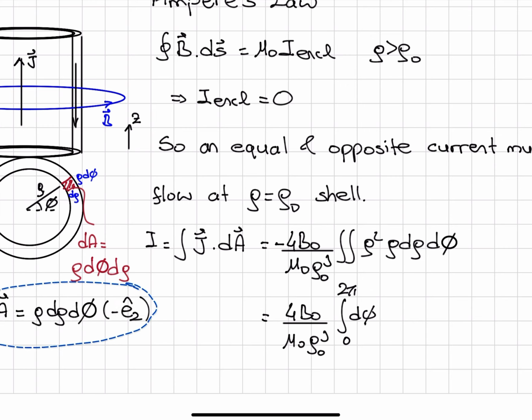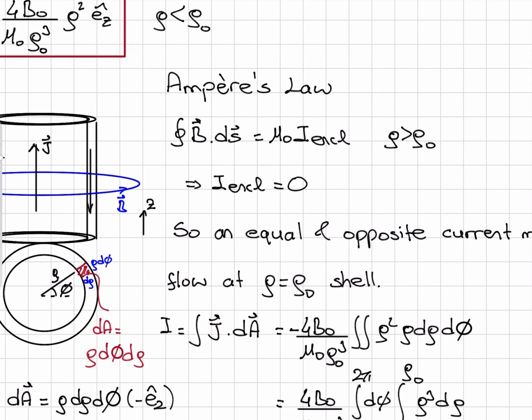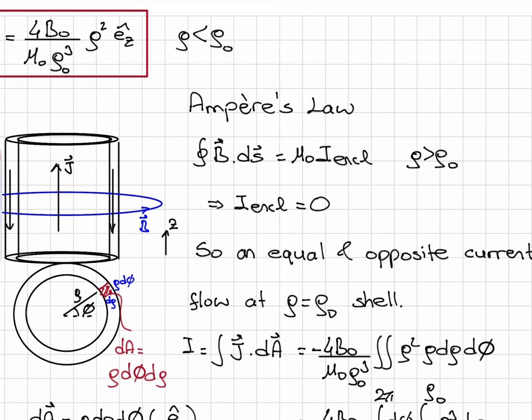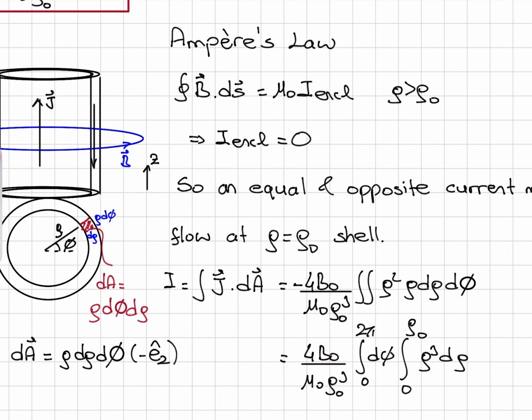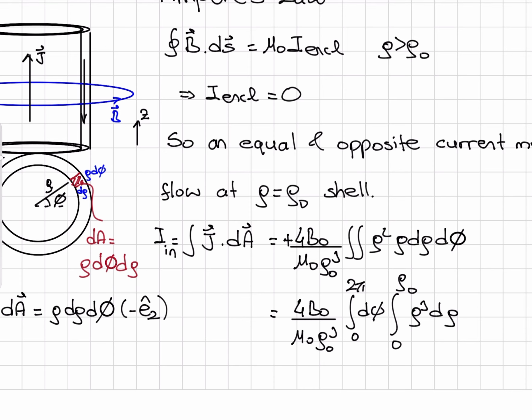and I have the rho integral, which is integral 0 to rho 0 of rho cube d rho. Here I have rho square, but here I have rho d rho, so it's going to be rho cube. And let's do this for the current that's flowing inside, so that the area vector would be in the EZ hat direction, not along the shell.